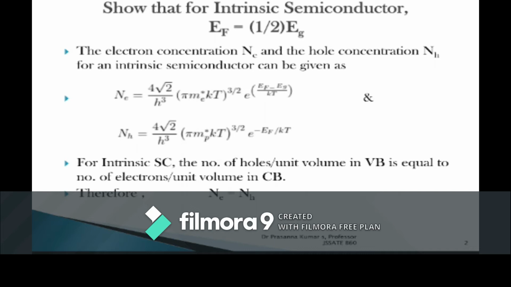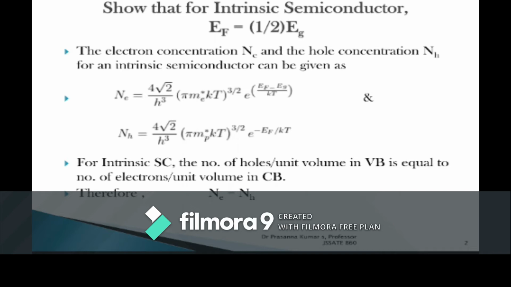Therefore, for an intrinsic semiconductor, the electron concentration and the hole concentration are almost exactly equal. Ne refers to the electron concentration. The electrons that left the valence band per unit volume go to occupy positions in the conduction band. In the valence band you see the electrons left, and in the conduction band you see the electrons occupied.